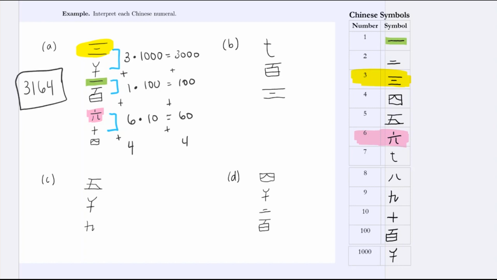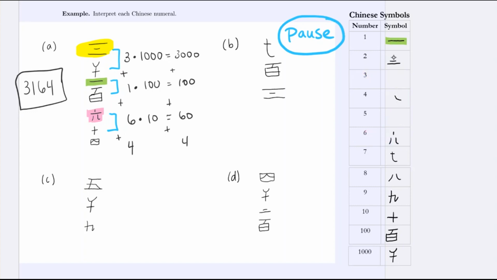And notice the way we found that is just starting from the top to the bottom, linking them in pairs, translating each pair, and then multiplying them, adding them all together. So take a moment to look at the next one, our example B. I'll give everybody time to attempt it. If you would pause the problem now, attempt your work, and then unpause to check your answer.